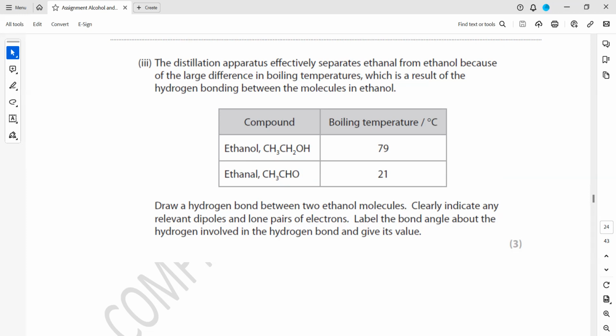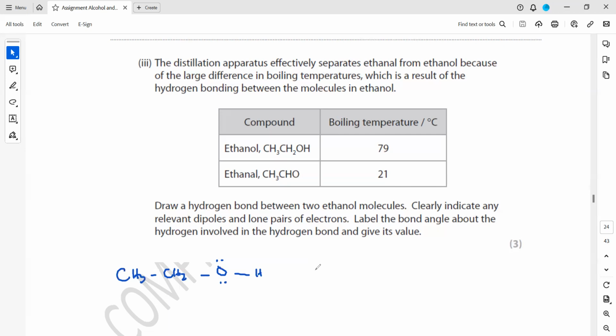How do we represent the hydrogen bond between two molecules of ethanol? For example, this is one molecule, CH3CH2O, oxygen is having two lone pairs and then H is there.